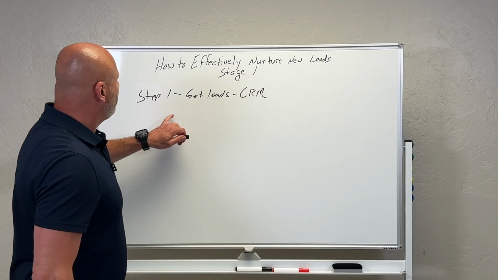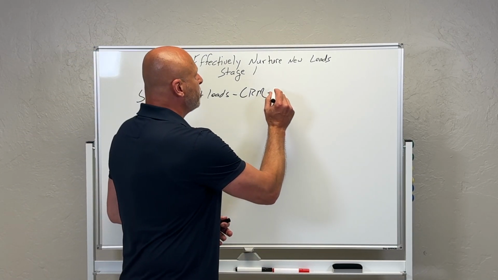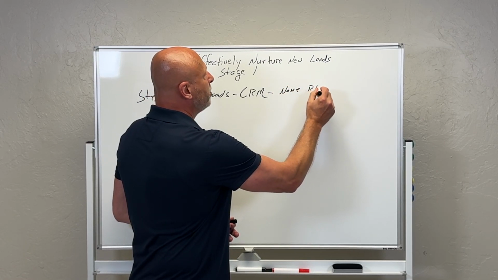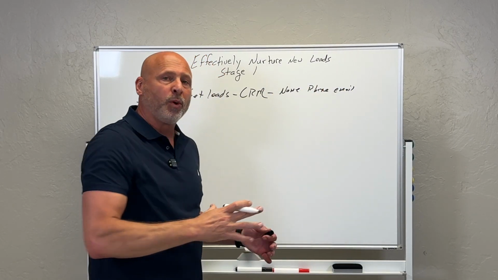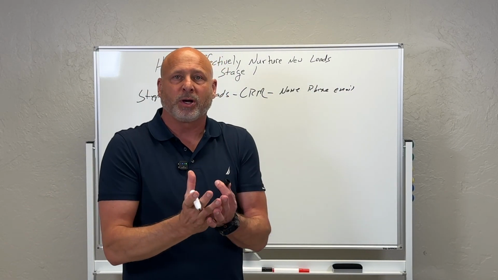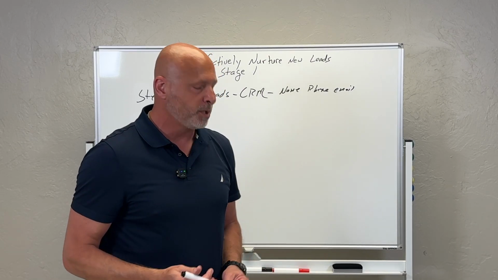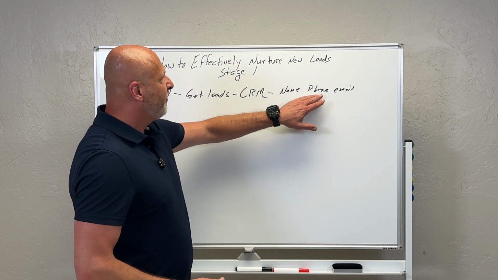So the first step in stage 1 is that you get the lead into your CRM. So you're capturing things like their name, their phone number, email, any other data points that you need to capture in order for you to be able to nurture those leads into lifelong customers. Generally speaking, though, you can do it with a name, phone number, and email.